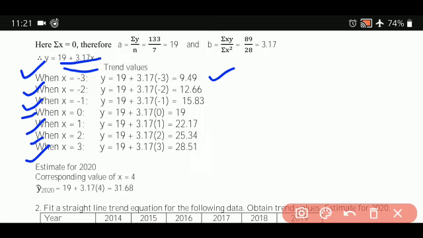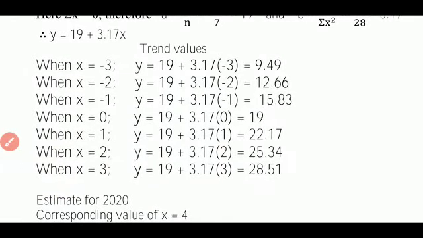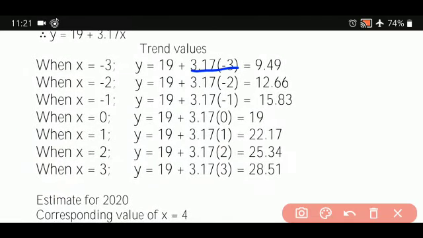So they have shown here y is equal to 19 plus 3.17 into minus 3. First you are going to calculate this one. 3.17 into minus 3 plus 19, that will give you 9.47.